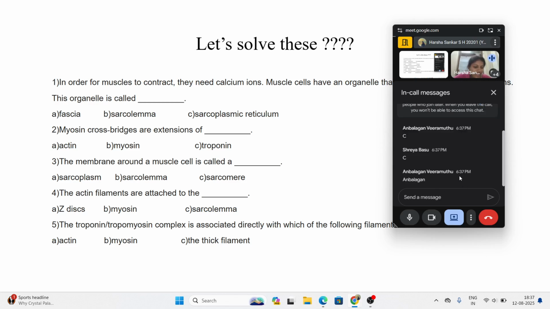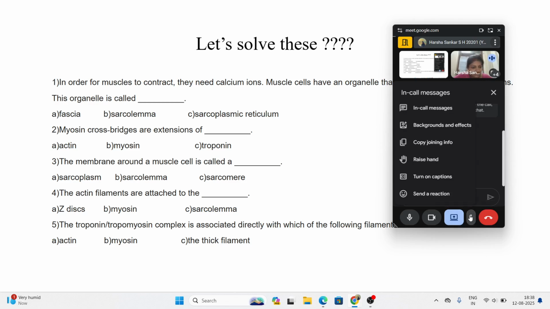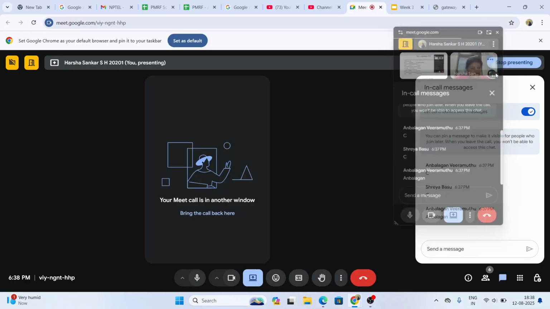Can you please say how to pronounce your name? Is it Anbalagan? Is my pronunciation correct or wrong? Okay, thank you. Thank you, Anbalagan and Shreya. So, what about others?